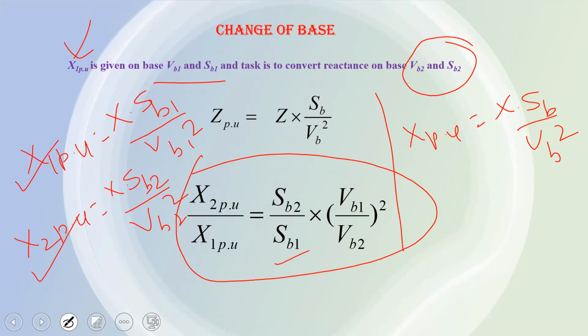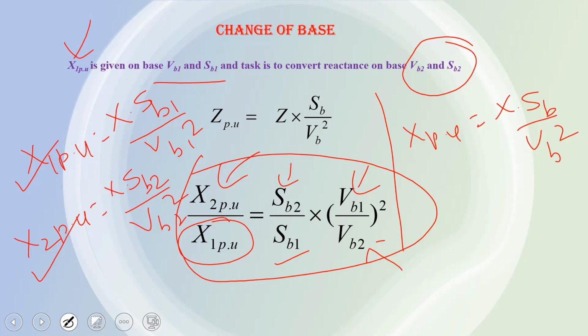Here SB1 and VB1 are given in the problem, SB2 and VB2 are the new base at which you want the reactance, and X1 per unit is also given. So by using this formula, you can find the reactance X2 per unit on the new base.